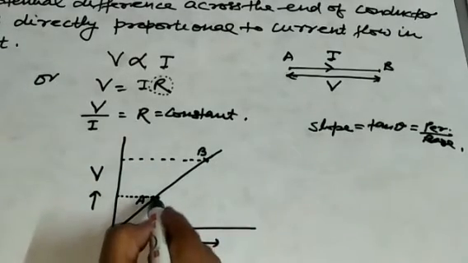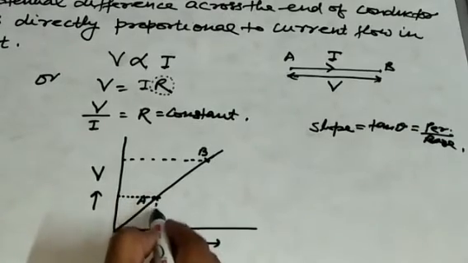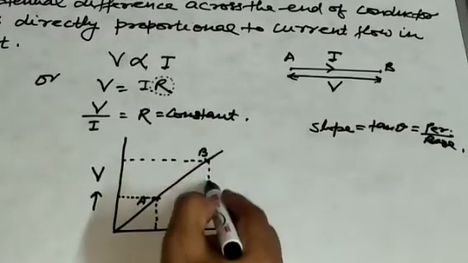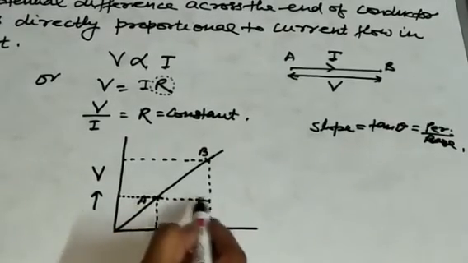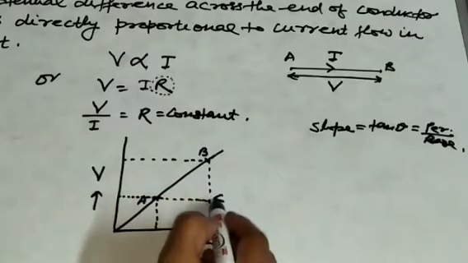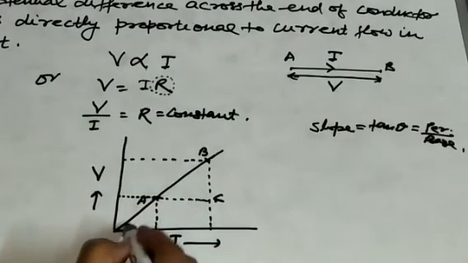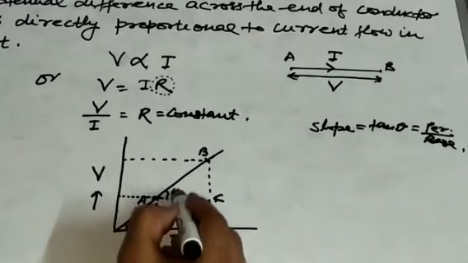Again drop perpendiculars from these 2 points A and B on the x-axis, the current axis, and extend the line. Then you will get a right angle triangle ABC. Suppose this angle is theta, so this angle will also be theta.